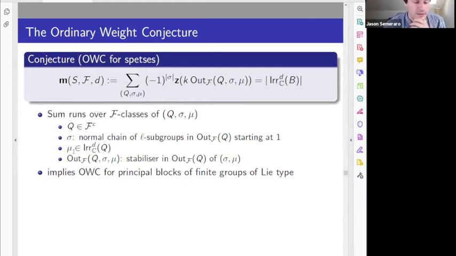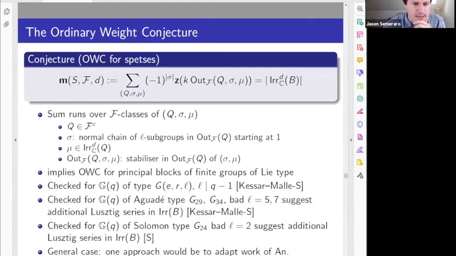Okay, so I just said that, and here are some things we know about it. We've checked it, for example, for some complex reflection groups, the smallest infinite family, if you like, of non-trivial complex reflection groups, the G(r,1,n). We also check it for various fusion systems of Aguadé type, coming from the complex reflection groups G29 and G34, which have bad primes. We need to invoke the notion of good prime, which Rada also mentioned yesterday.